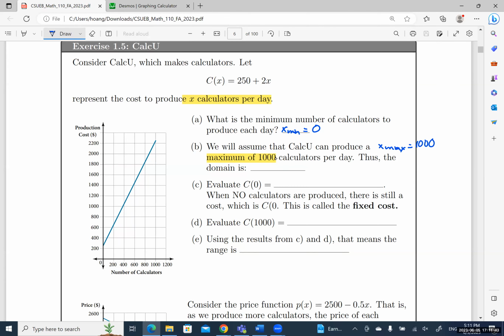So the domain will be between X min and X max, 0 and up to 1,000, in between. Or maybe another way to write it is x in between 0 and 1,000.